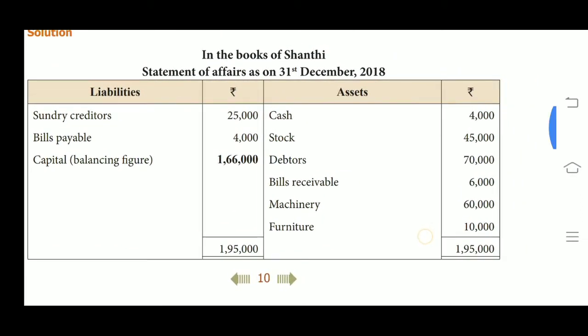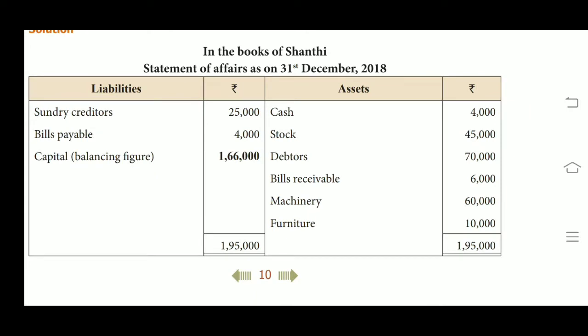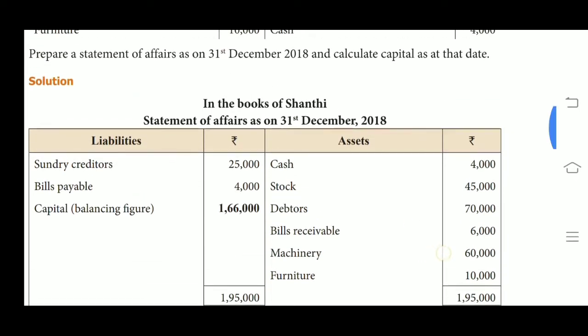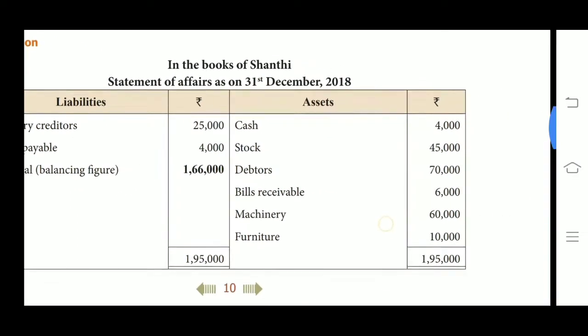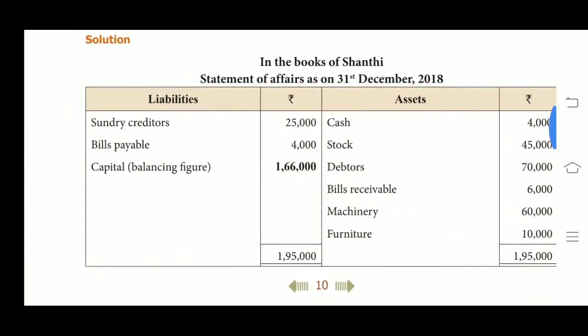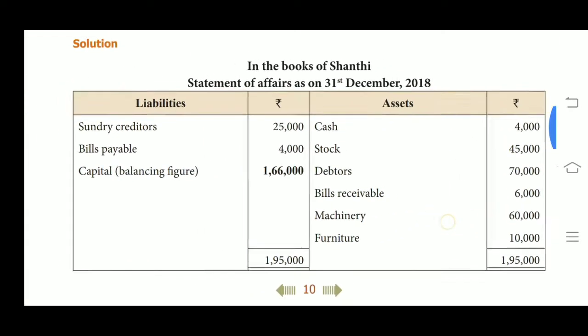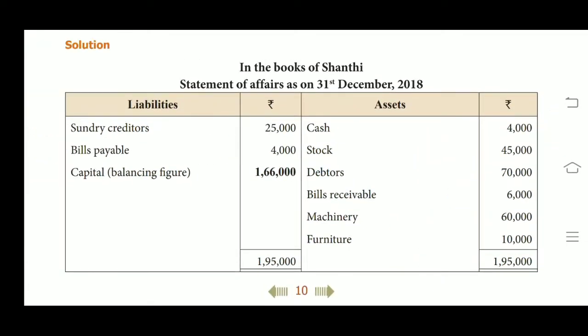On the right hand side mention the assets and on the left hand side mention liabilities. So cash 4,000, stock 45,000, debtors 70,000, bills receivable 6,000, machinery 60,000, furniture 10,000. And the liability side, sundry creditors 25,000, bills payable 4,000.